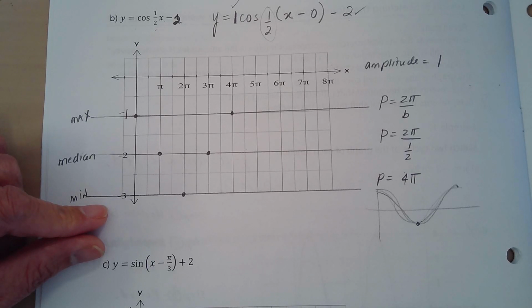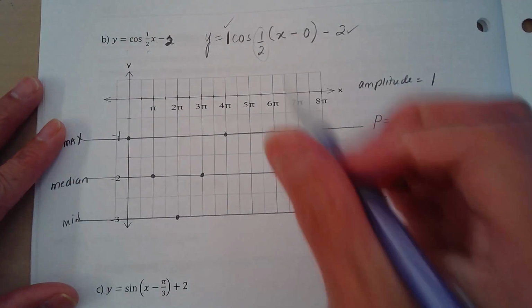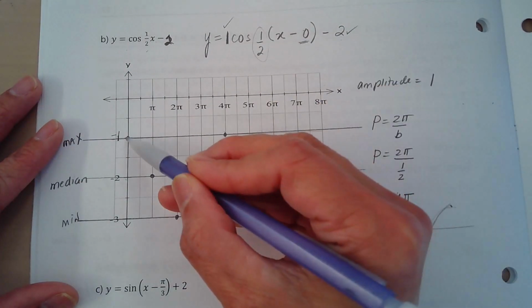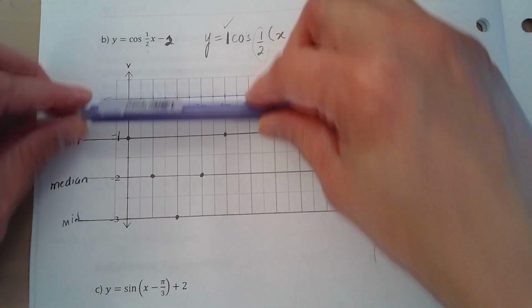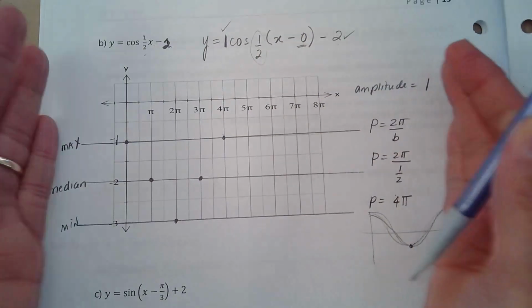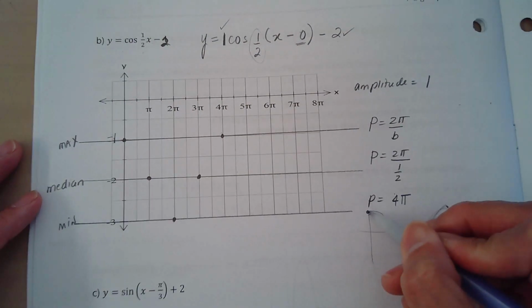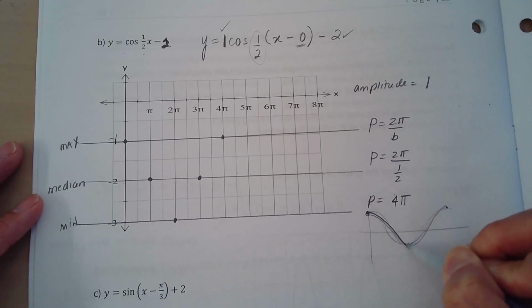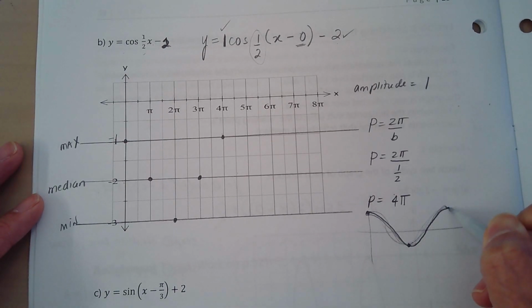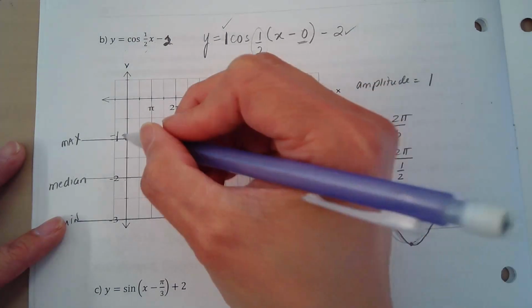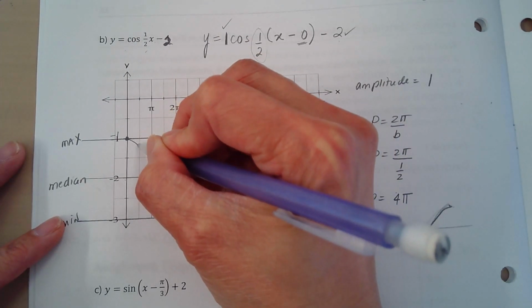Yeah, there's no phase shift. So the only thing that happened here is it went down and it got compressed. So it's still going to be maximum, next maximum.